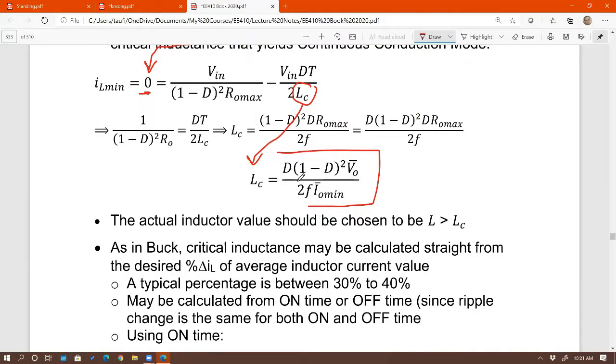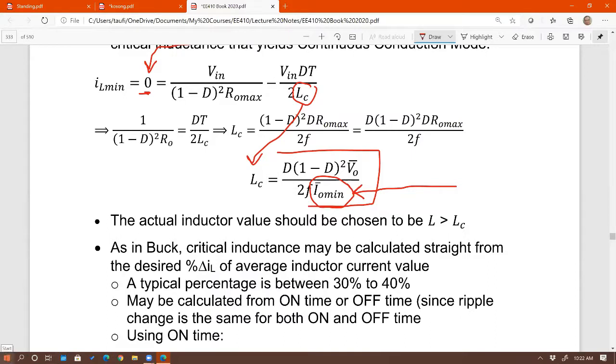Notice that again, typically F will be something that you are either given or you have to choose, to be able to size this properly. However, what's more important is I out min. You see that right there? I out min average corresponds to how low of an average value of current on the output, how low of the average output current, I should say, before the converter reaches this boundary conduction mode.